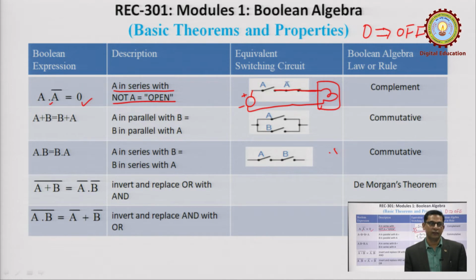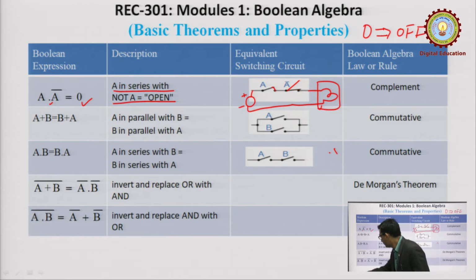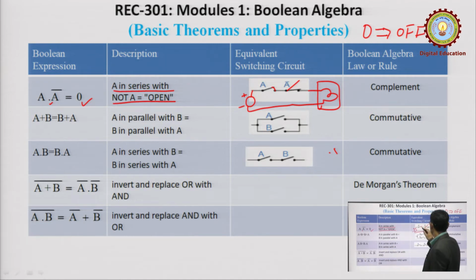If a is equal to 1, then a bar becomes open. Is it clear? This one is closed, but the other becomes open. Because it is open, no current will flow to supply the appliance.